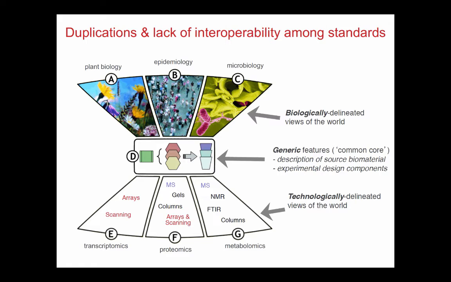Now, if we unpack this standard, we find that things like sample information are common, of course. So the idea is to unpack the standard and ensure that we can track the provenance of each metadata element from the corresponding standards, so that we know that these elements here are actually common to many of those checklists.